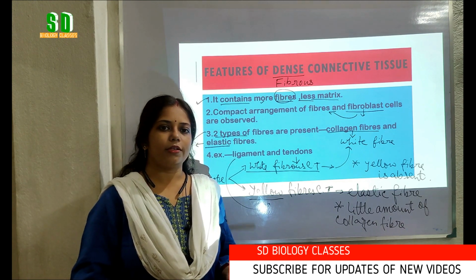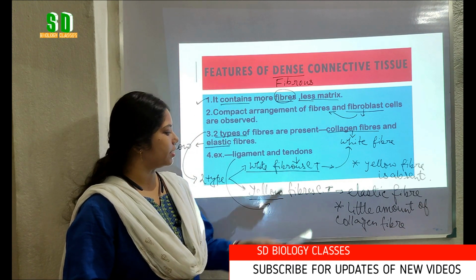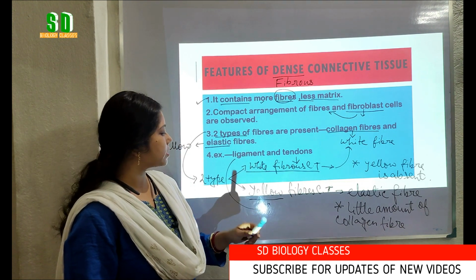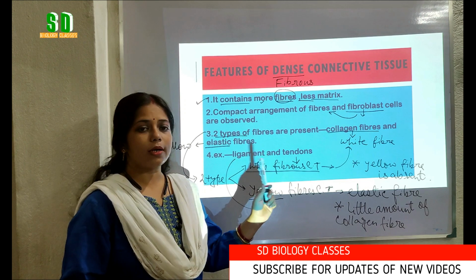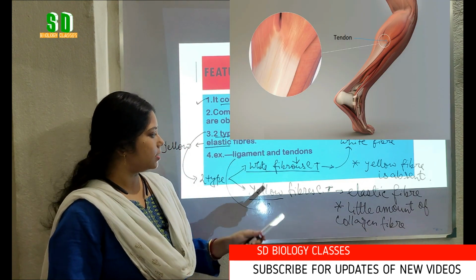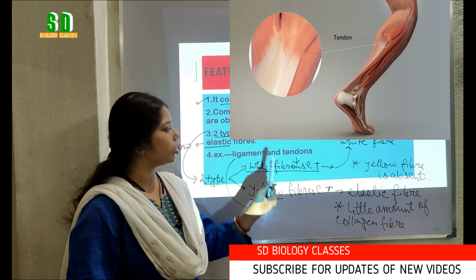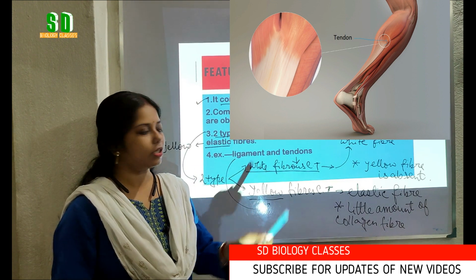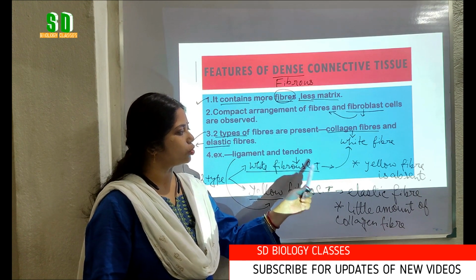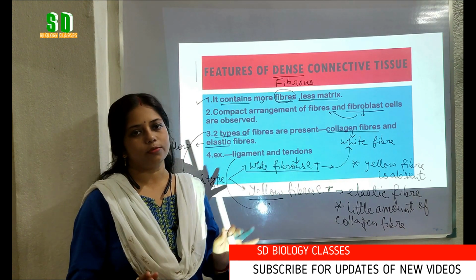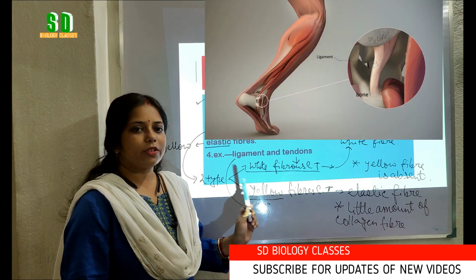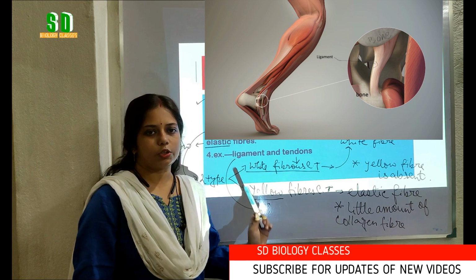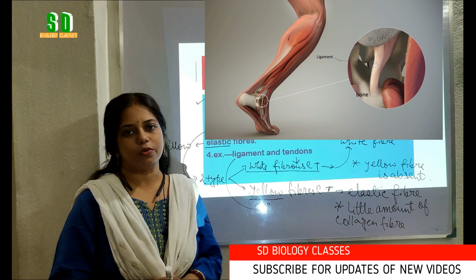But what is a tendon? A tendon is a white fibrous connective tissue that joins the muscles to the bones. Again, tendons are the white fibrous connective tissue that joins muscles and bones. And ligaments are the yellow fibrous connective tissue that joins bones to other bones.